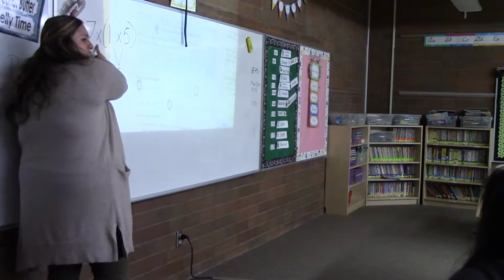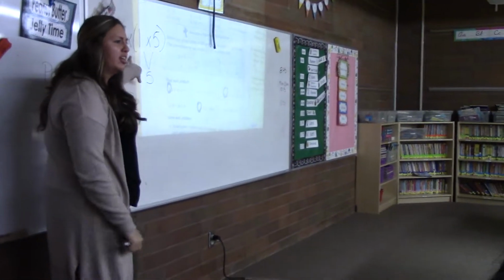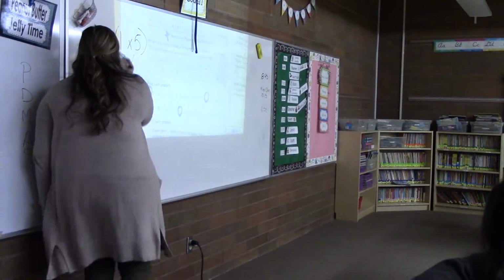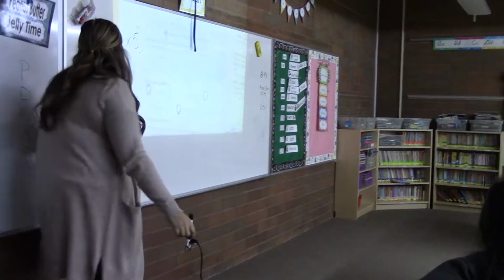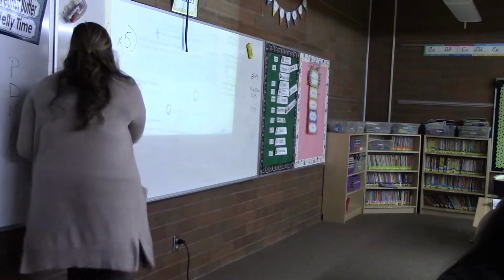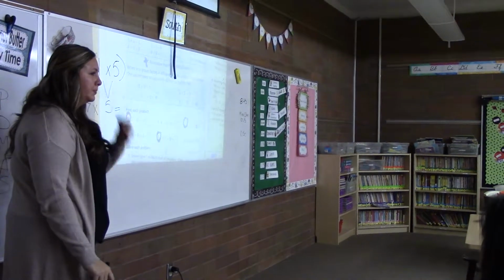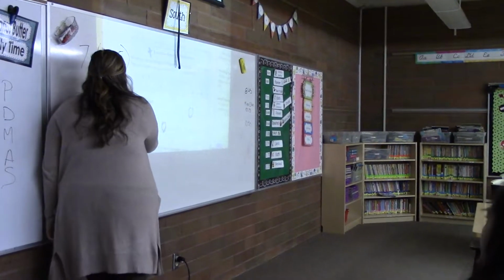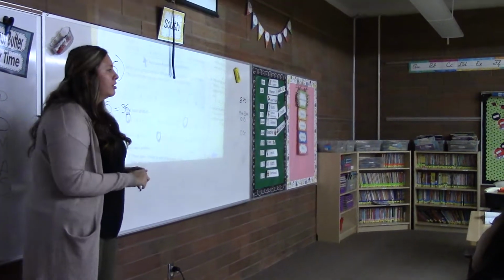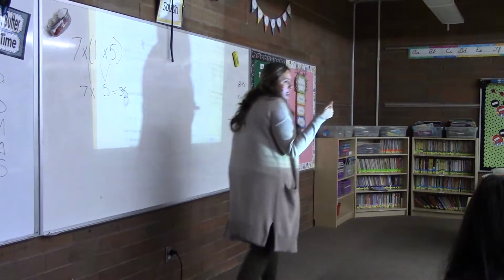Is it a division sign? Is it a multiplication sign? Yes. So we know that needs to come down. 7. Does that need to also be moved down? Okay. What's 7 times 5? 35. You just solved the problem, right? Okay, ladies, raise your hand. 35, yes?